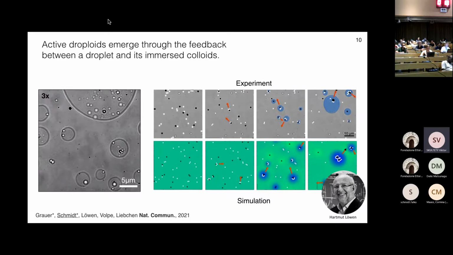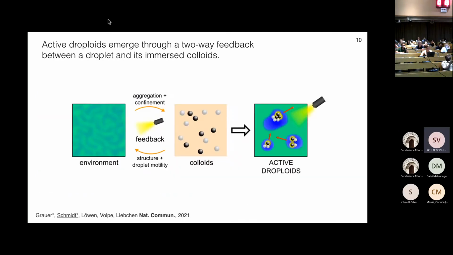And this is what we again see in simulations. We've done that again with Hartmut and a PhD student of his. And just to have a look at the feedback mechanism. So we have the environment. That's again our critically demixing system. The difference is again that we're demixing the system much more than we did before. So we're far away from the critical point.